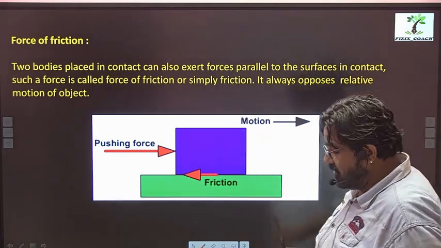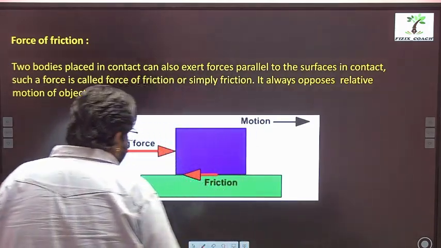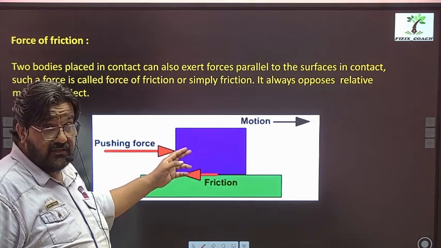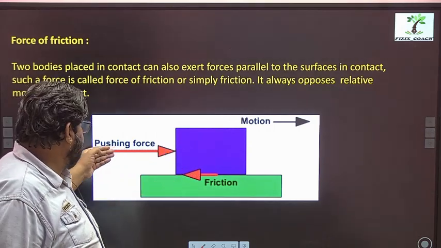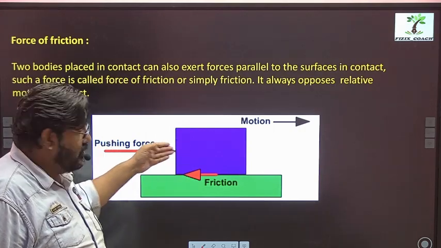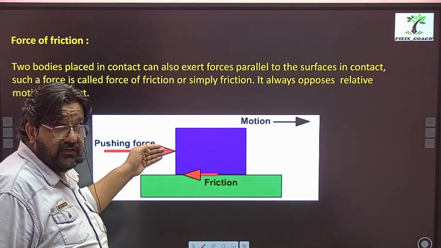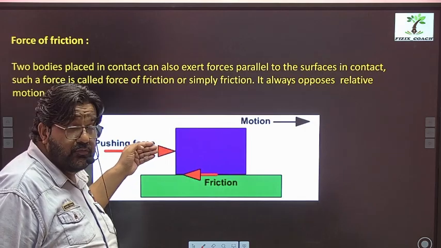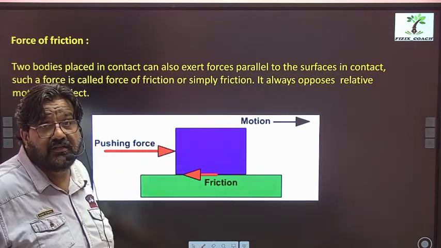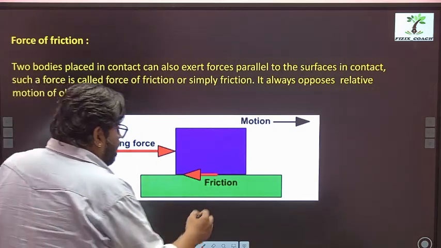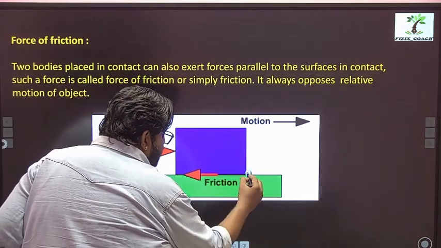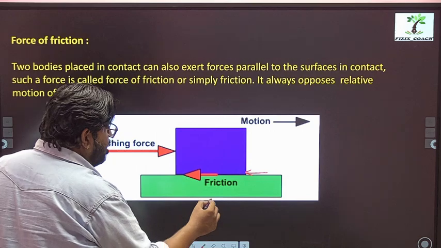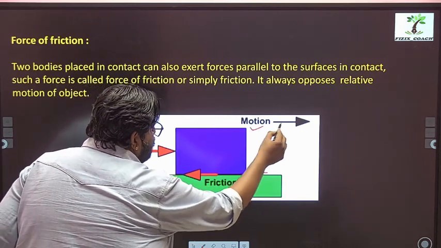You can see this, the green one is one object and the other, the blue box, is being pushed. Now, when we start pushing it to move it in that particular direction, there is a force which comes into action, which is parallel to the surface in contact and which is opposing the direction of motion.